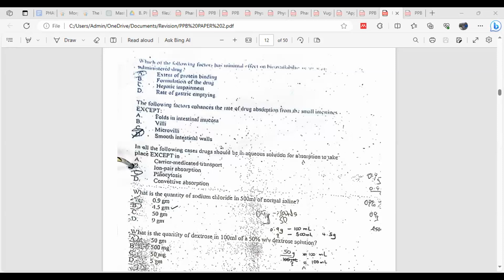Conven, Chait, hebu toa kasa yako hapo. Oh, convective absorption. Convective hiyo has water, has aqueous.